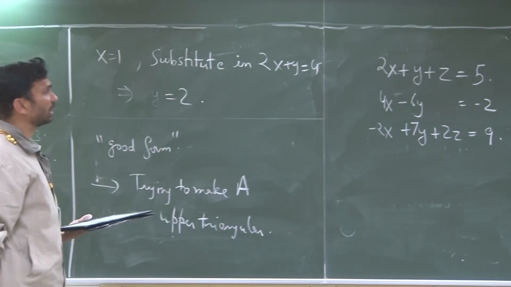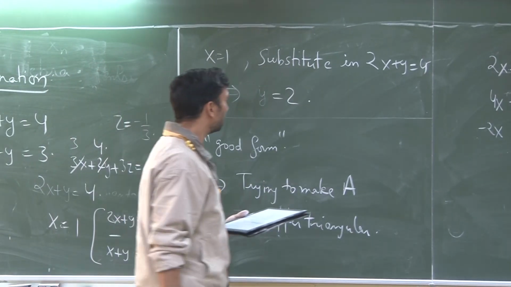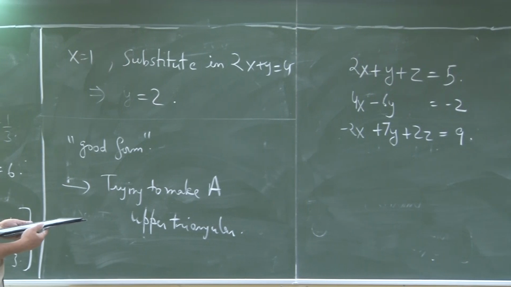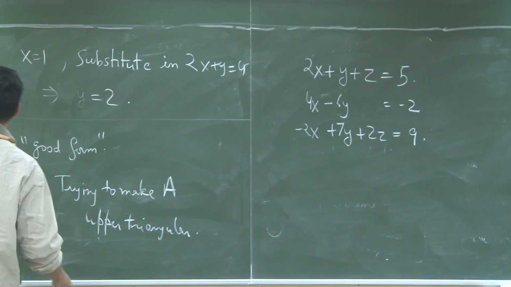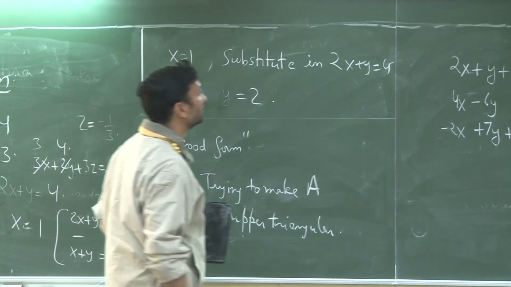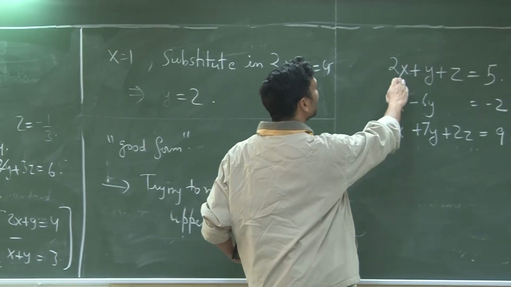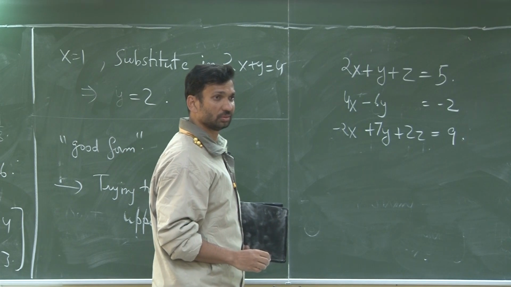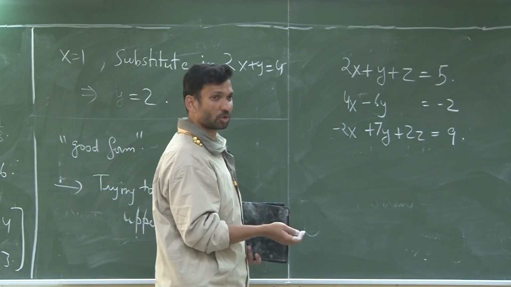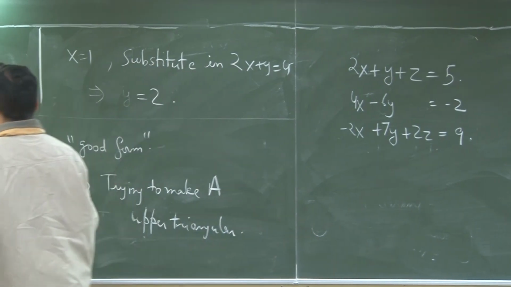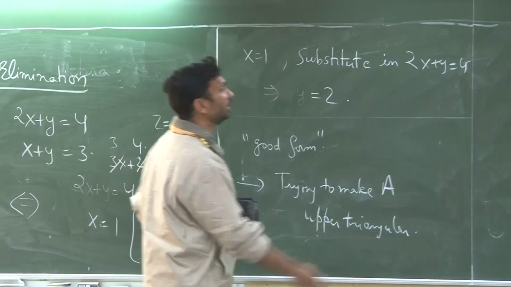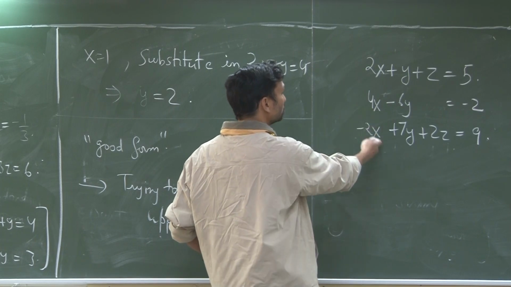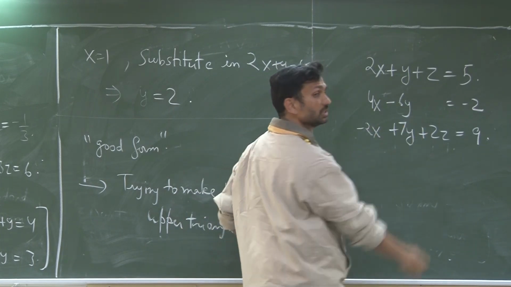Now, this is a slightly bigger example which has 3 variables, and I want to solve for x, y and z. Is it possible that I remove x from equation 2 and equation 3? That is my first objective, because remember here I made the coefficient of y 0, here I will first make the coefficient of x 0 in these two, then the coefficient of y 0 in this equation.